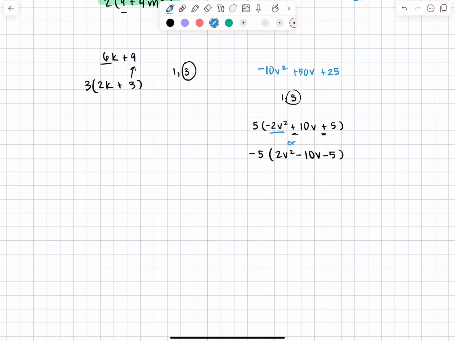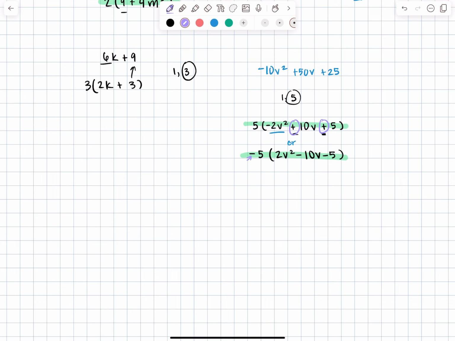Either way works. You can leave it like this, or bring the negative out front and keep the first value positive over here, but then it's crucial to remember that you have to change these signs when you bring the negative out.